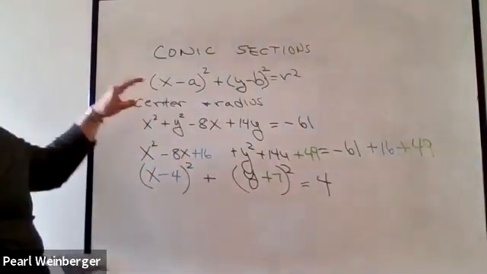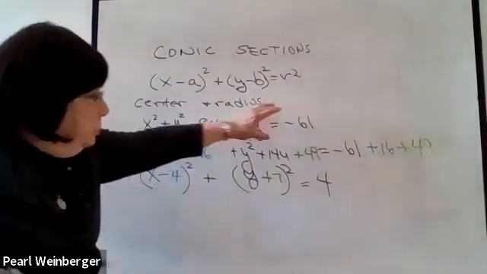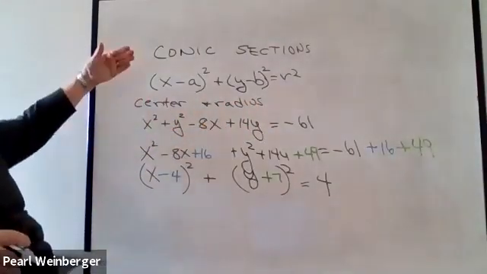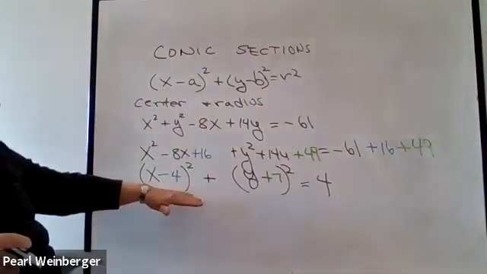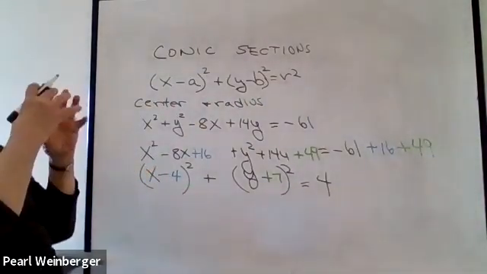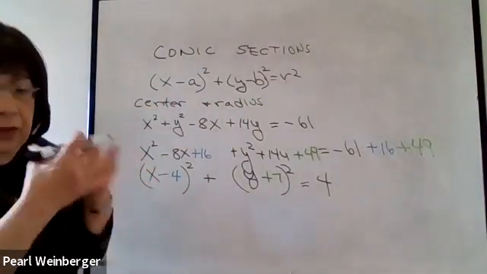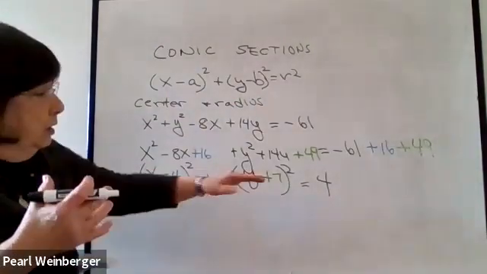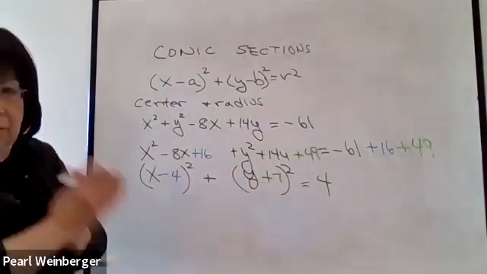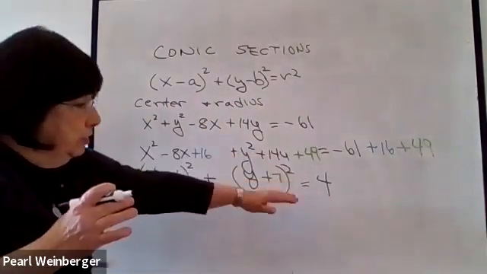I have taken this expanded version and put it back into the standard version where I have x plus or minus something squared and y plus or minus something squared equaling a number.